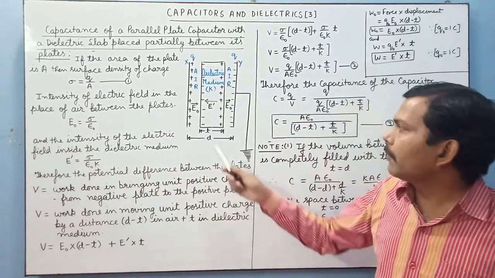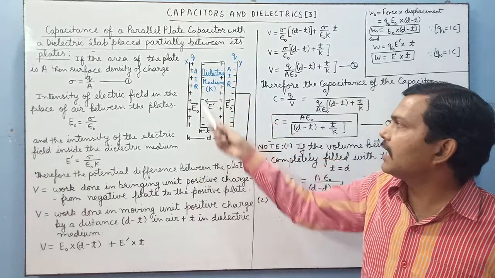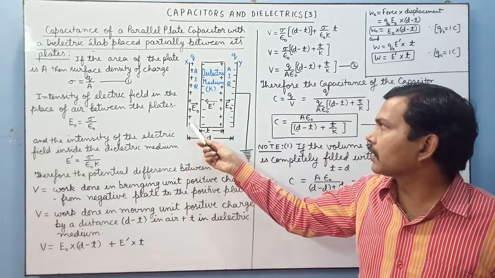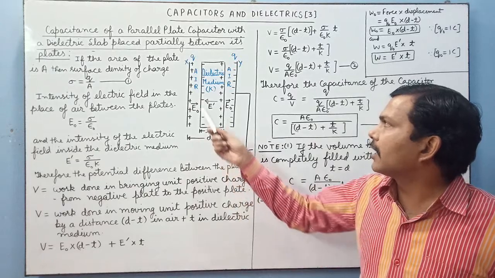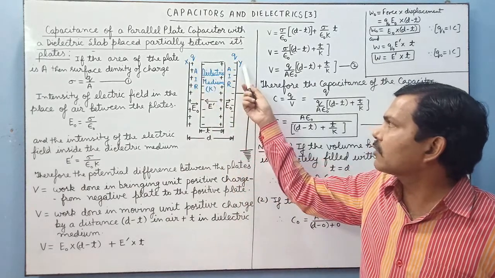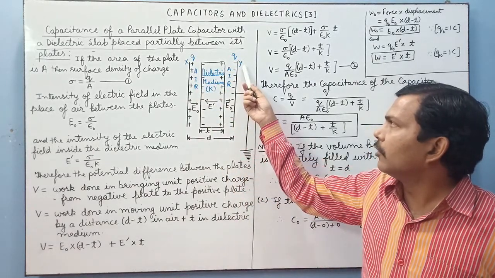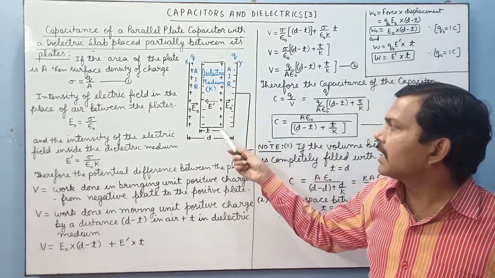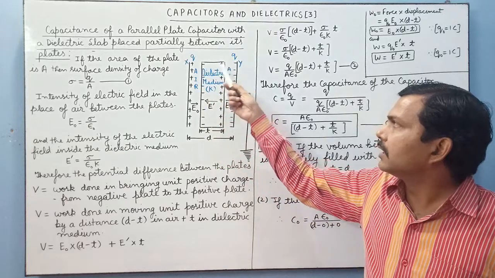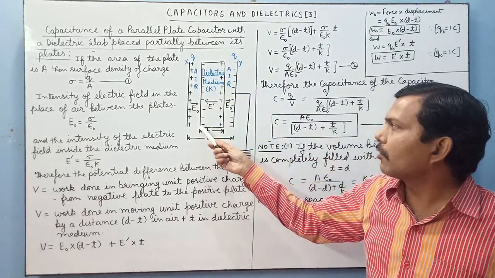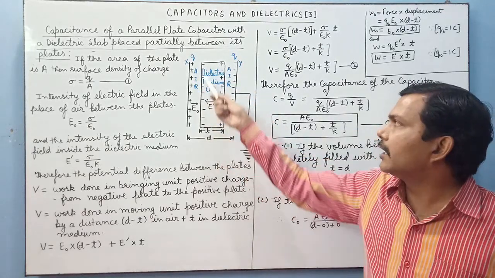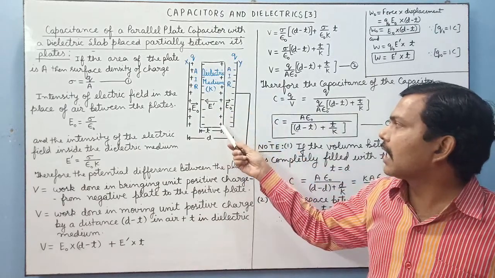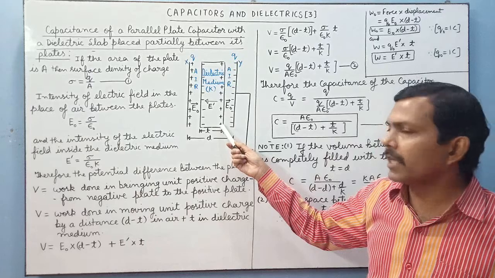Now what happens when we place a dielectric slab partially between the plates of the capacitor? There is an external electric field due to the plates X and Y of the capacitor, which is from positive to negative plate. When we place the dielectric between these plates, this face of the dielectric gains a negative charge due to induction, and this face gains a positive charge for the same reason.